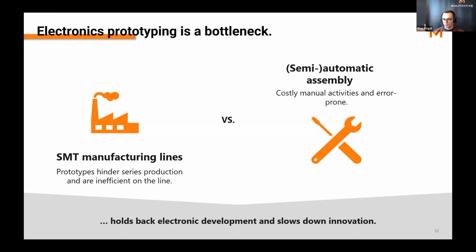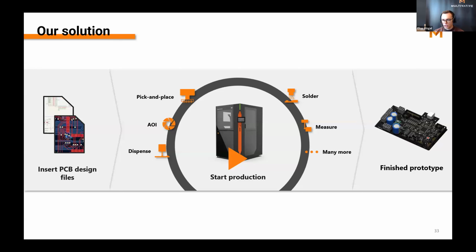electronics development. And so our solution to that is a machine that combines the different manufacturing steps that are normally done in an SMT manufacturing line into one single machine. So we do the dispensing of solder paste, the pick and place of components, the soldering, the AOI process, and so on in one single machine.